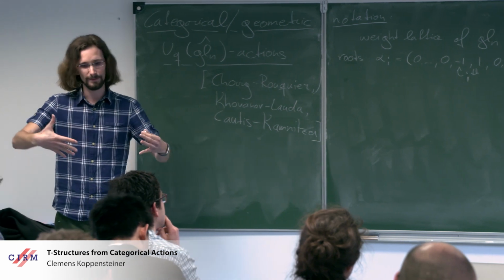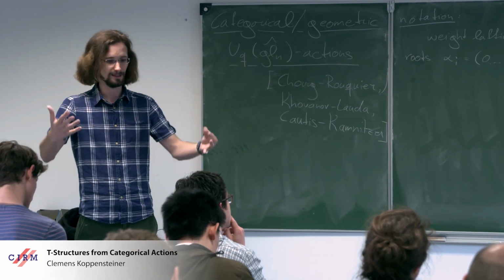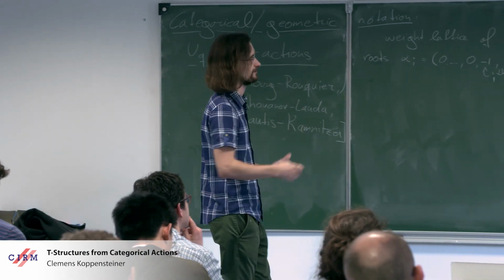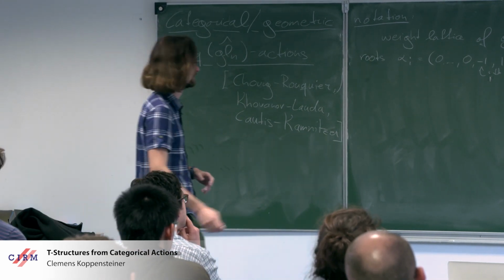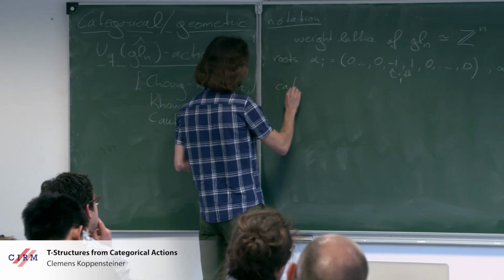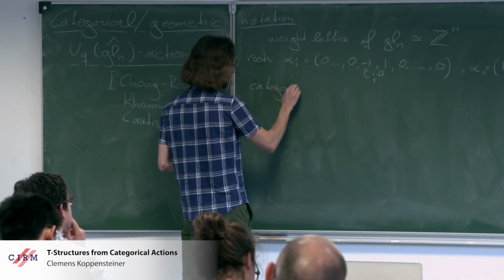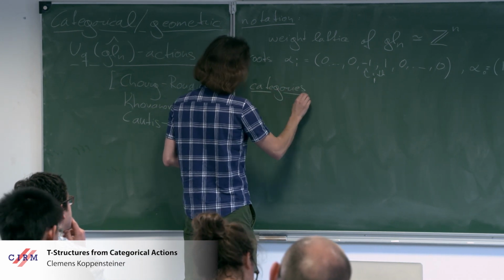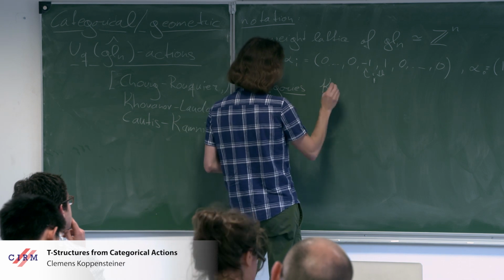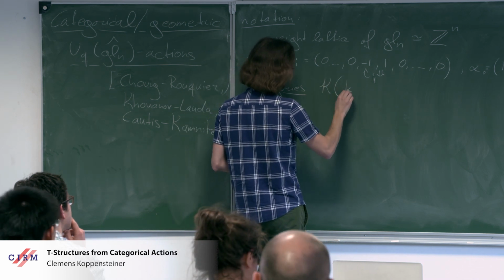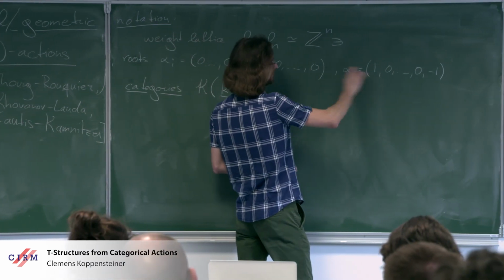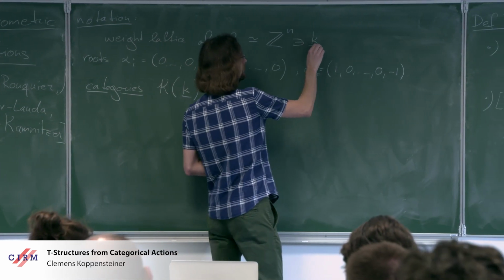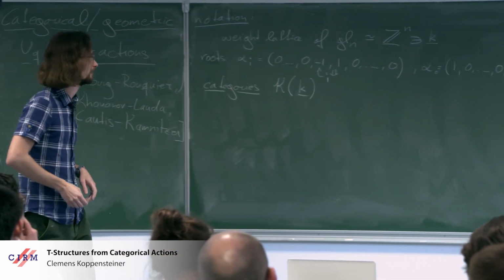And now in a normal representation, you know it splits up into weight spaces. So in a categorical way, we have to split up into weight categories. So I'll have categories that I write D(k). If I write weights in this indexing way, I'll always denote them with a k.